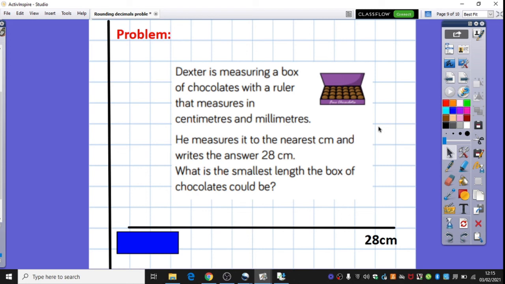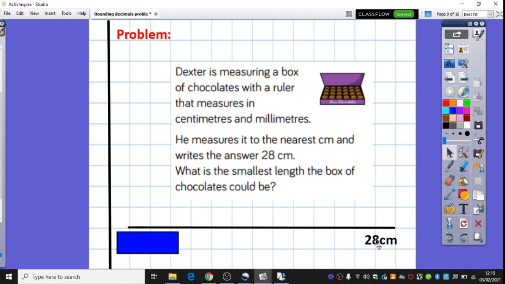The question says, what is the smallest length the box of chocolates could be? And you can see here on my number line that I've started with 28. So I am looking for a number which is smaller than 28, but still would round to 28 to the nearest whole number. We may have 27.9, but we can go lower than that.